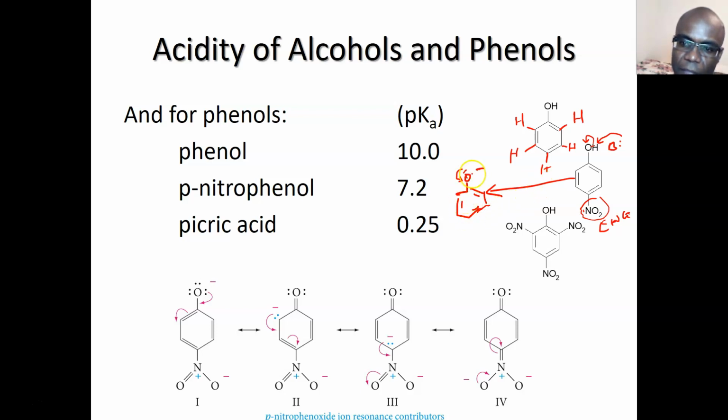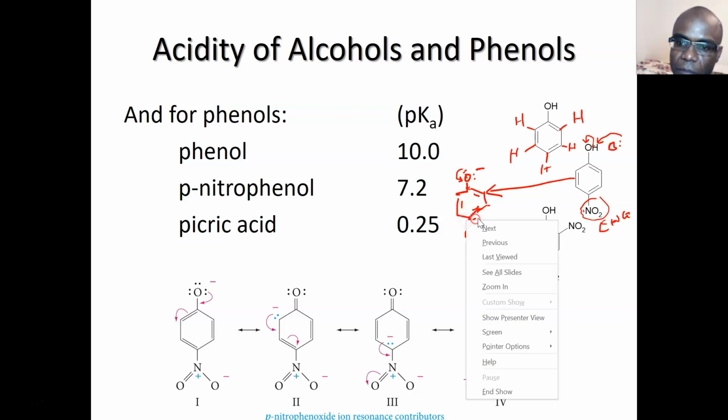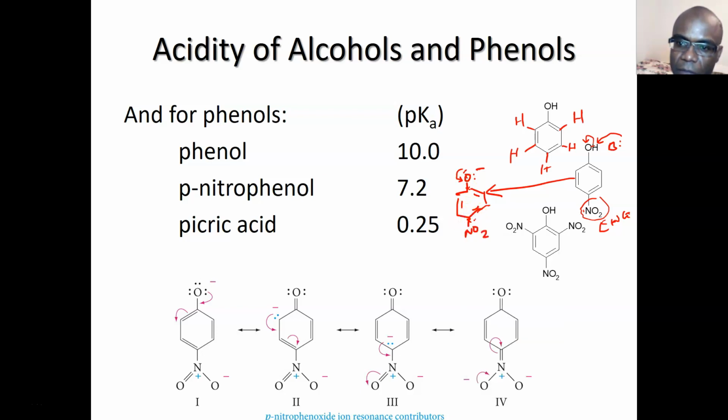Okay, but both the phenol and the paranitrophenol can do resonance. The question is, who has a greater pull of these lone pairs into the ring? Because nitrogen pulls electrons towards itself because it's highly electronegative, it's highly an electron withdrawing group, then you get more stabilization. And in fact, where you have 3 nitro groups, there is even much greater stabilization.